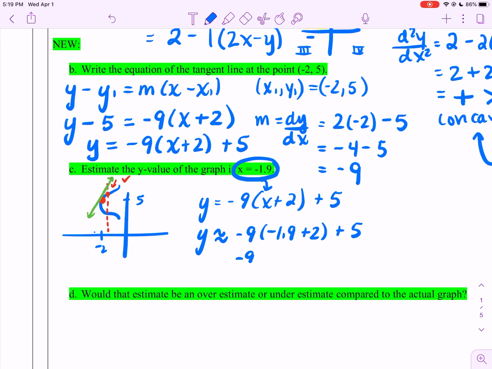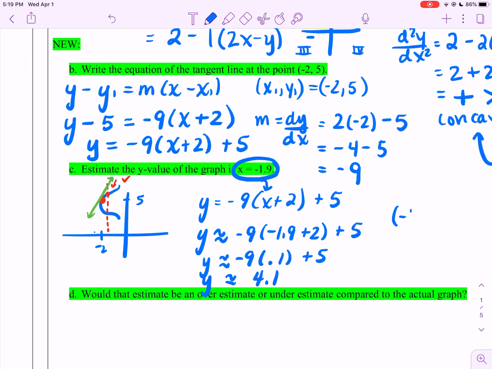That means that we have -9 times 0.1 plus 5, or 5 minus 0.9, which is 4.1. So that means the y value on the graph when x is -1.9 is approximately 4.1.